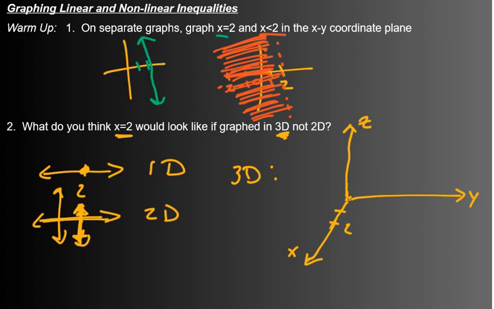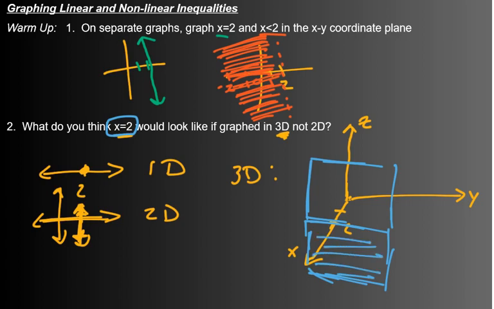And now, I'll try my best to draw this thing, but we're going to get a plane, basically. It's going to go down forever, but it just cuts through 2.